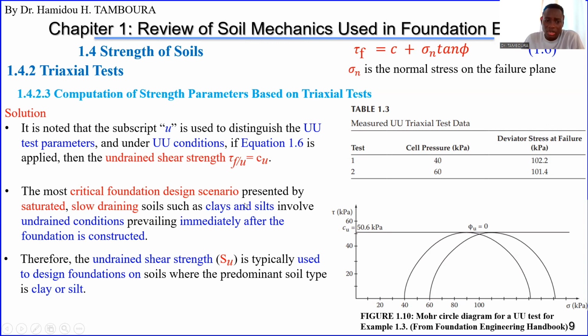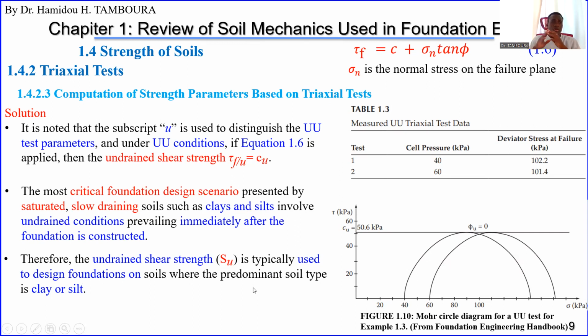Okay, so in that case, the undrained shear strength, SU, is typically used to design the foundation on the soil.